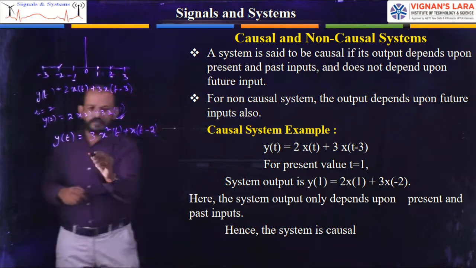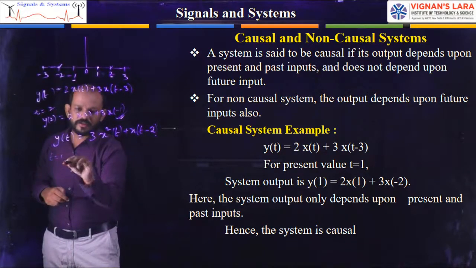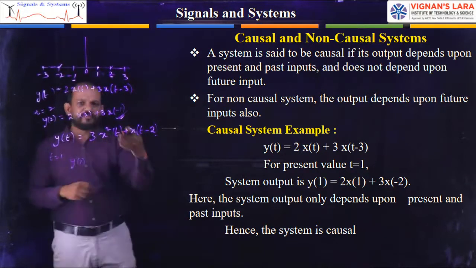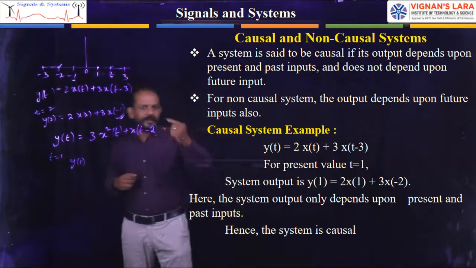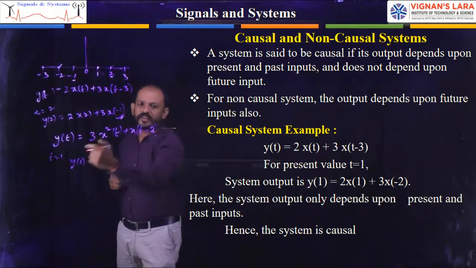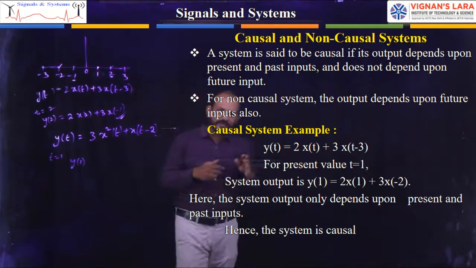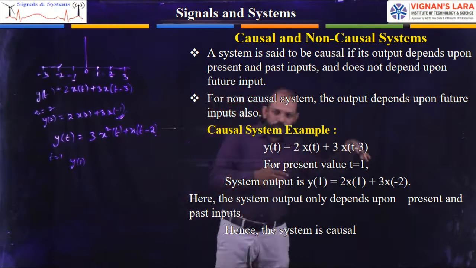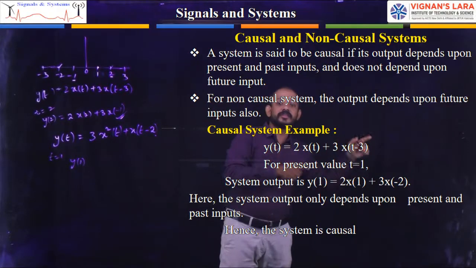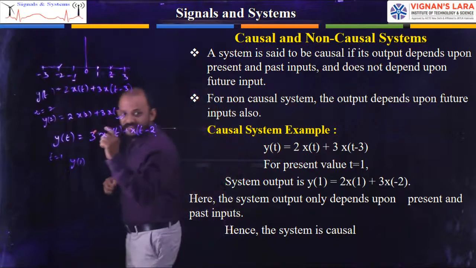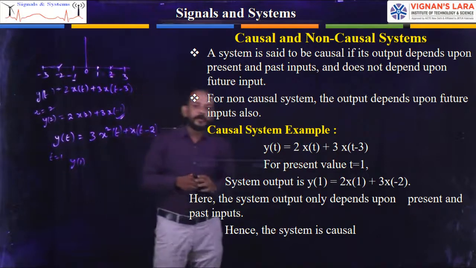Okay, that will be equal to, at t equal to 1. So you can check for 1, 2, 3, 0, minus 1, minus 2, anything. If for at least one value of t the output depends on the future, then it will become a non-causal system. That is, for not even a single value of t should the output depend on the future.